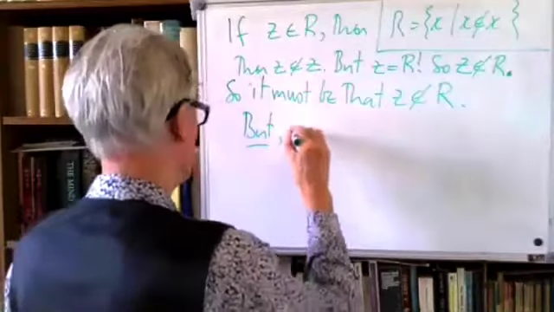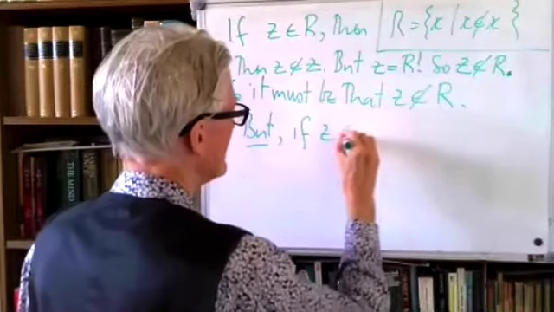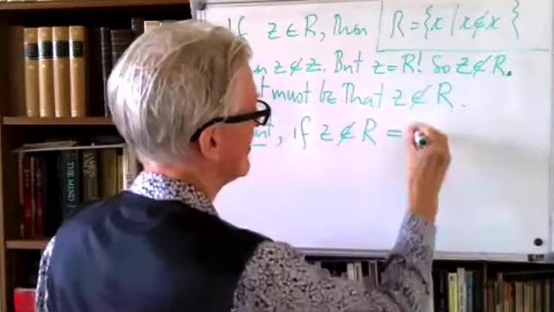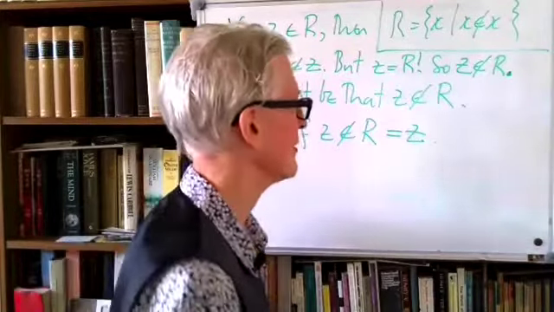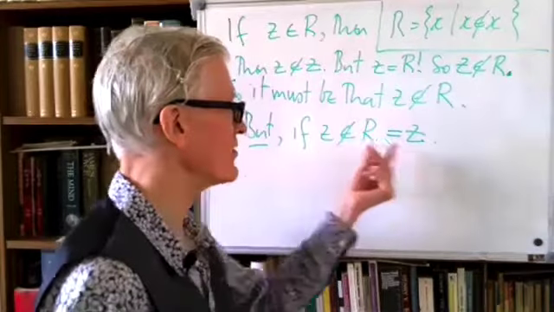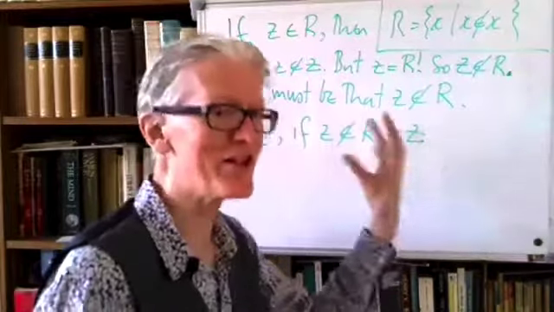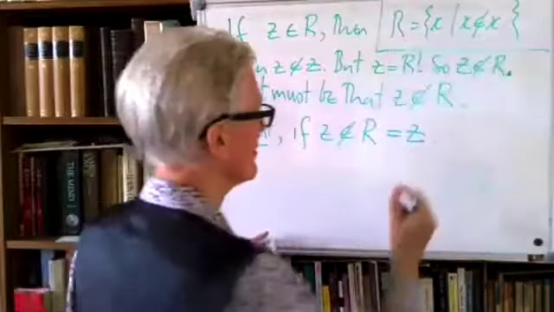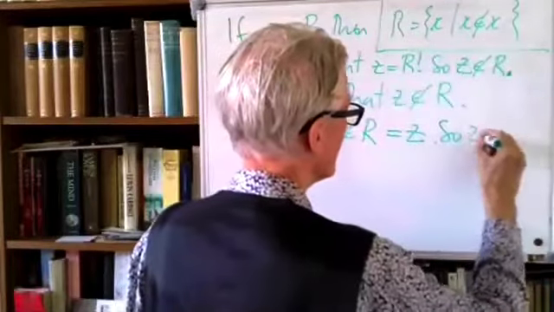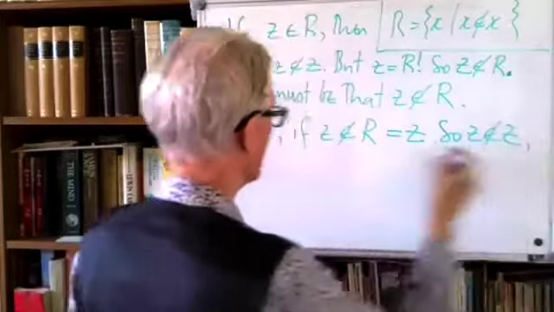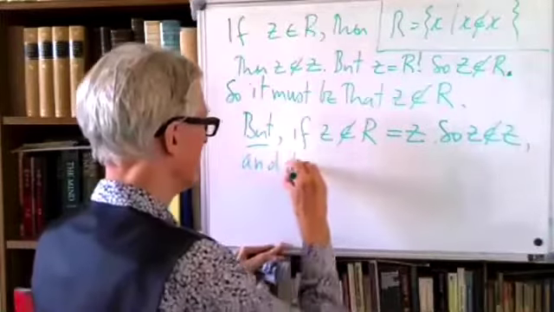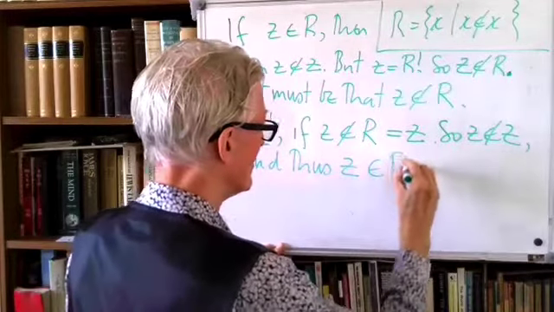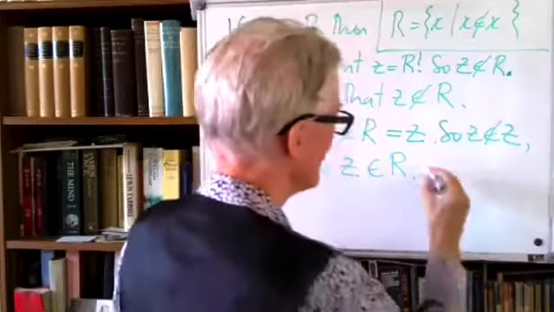But if Z is not a member of R, and we know Z equals R, I've got Z is not a member of Z. But that's just the condition to put Z into R. And thus Z is in R. So it's a contradiction.